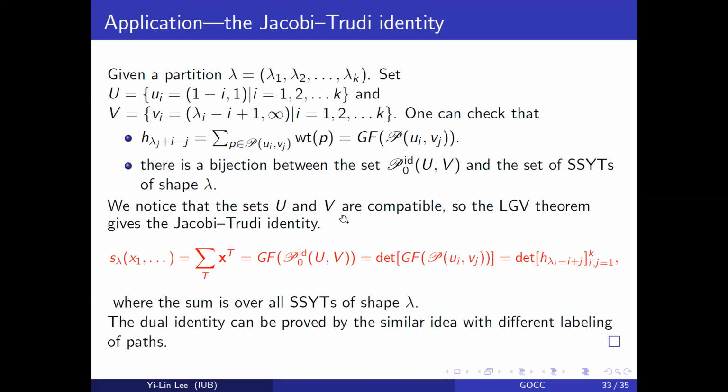And the key point is that the starting and ending points that we choose are compatible. Because of this, we can use the Lindström-Gessel-Viennot theorem to prove the Jacobi-Trudi identity.